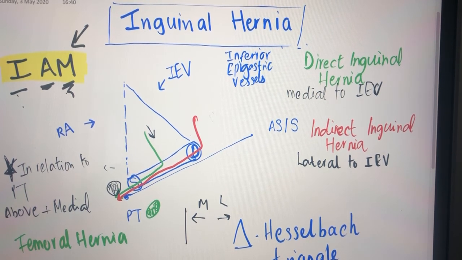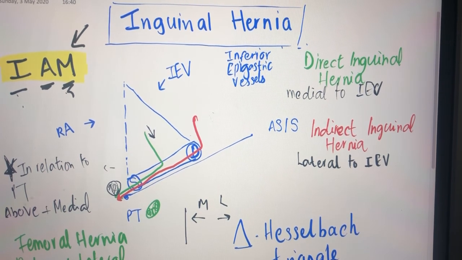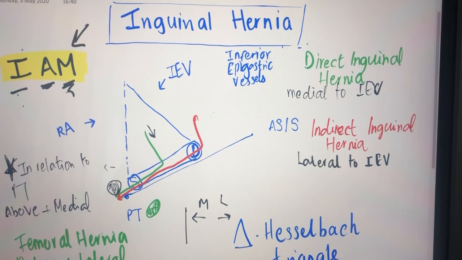So the femoral hernia is actually the opposite, so it's below and lateral to the pubic tubercle. So a quick mnemonic there is this one, I am. So the inguinal hernia, so I for inguinal, does come above and medial.